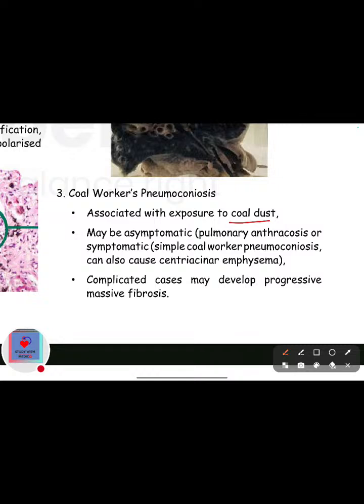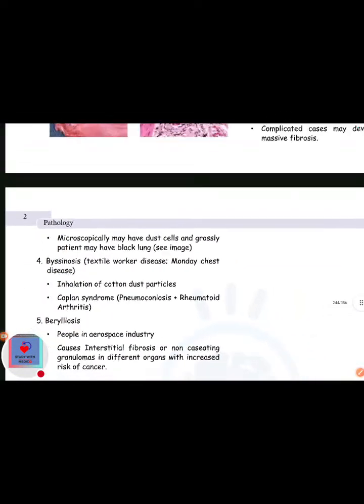It can cause central acinar emphysema. Complicated cases may develop progressive massive fibrosis, because coal dust causes massive fibrosis.